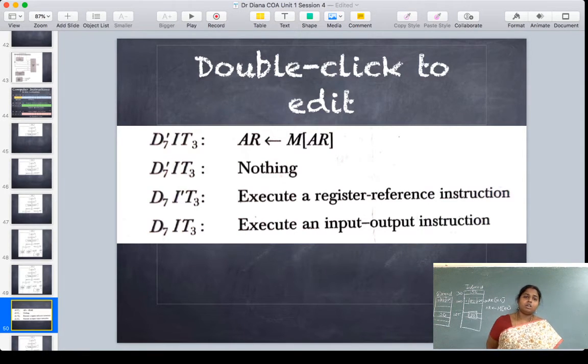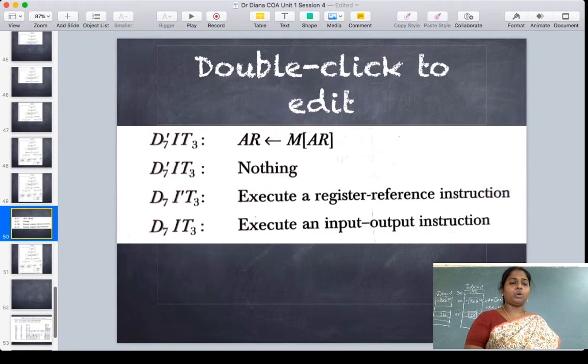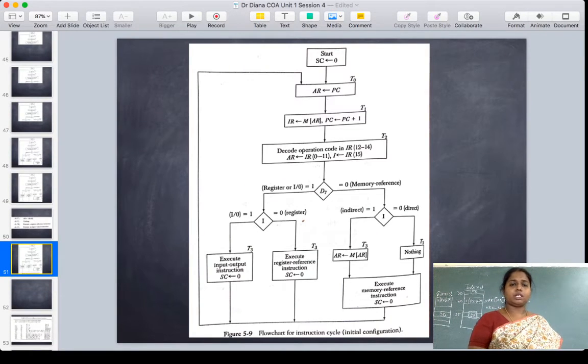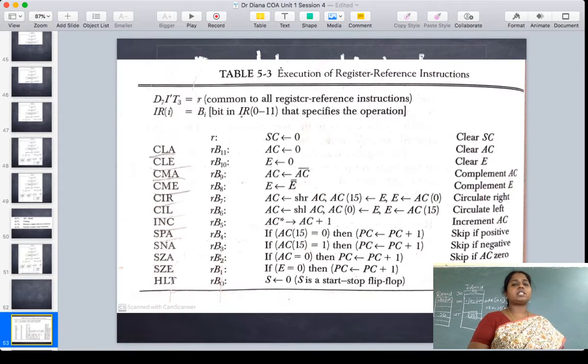Now, at D7-I-T3, D7 means it is either register reference or IO. If I dash means I value is 0, at time cycle T3, it's a register reference instruction. And D7-I-T3 is an IO instruction. We have already looked into this, the same thing. We have already looked into a set of register reference instructions. In register reference instructions, the value of instruction register from bit 0 to 11 are used to indicate instructions.